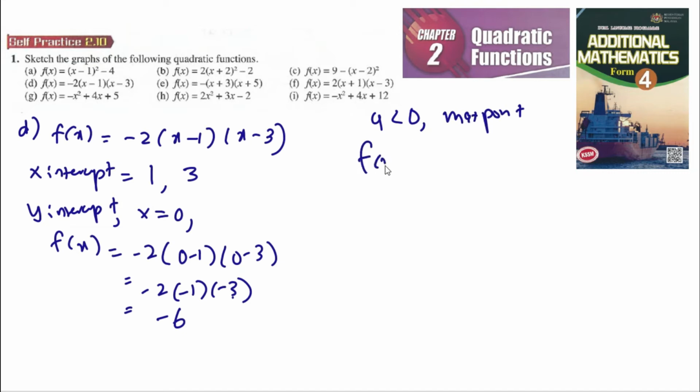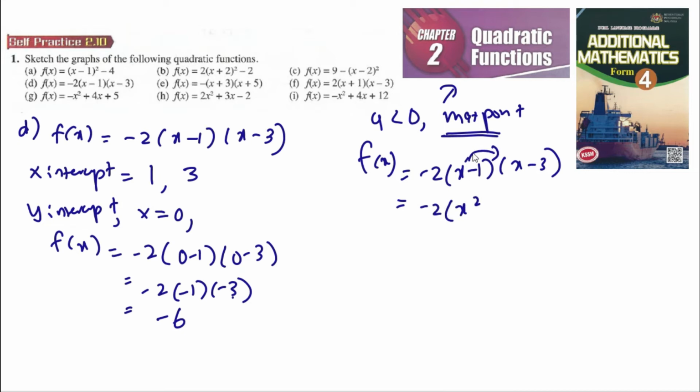So for f(x), we have to do completing the square to get the maximum point. f(x) is equal to -2(x - 1)(x - 3). So we have to expand: -2(x² - 3x - x + 3), so we get -2(x² - 4x + 3).